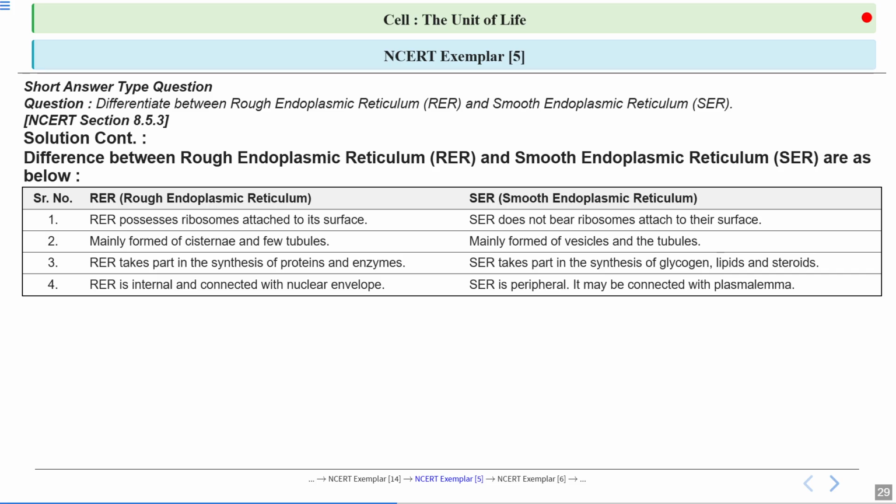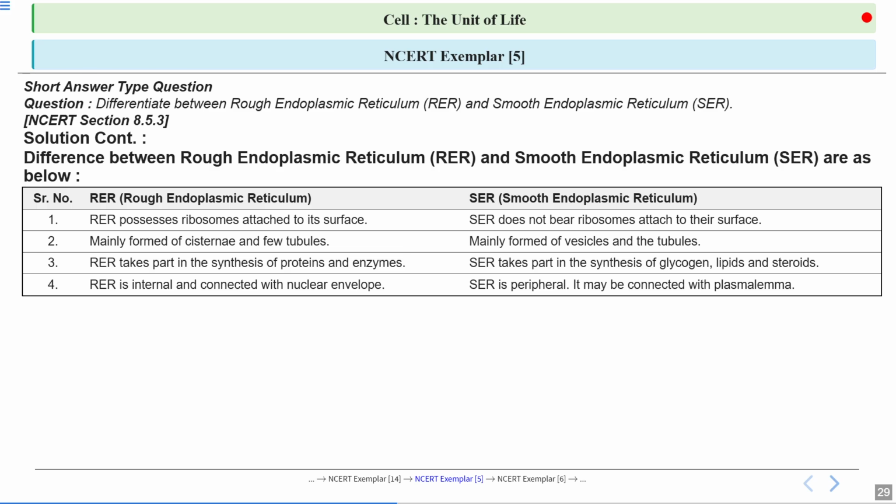Yes, RER is internal and connected with the nuclear envelope, and SER is peripheral. It is present outside, at the periphery, and it may be connected to the plasma lemma, or you can say the plasma membrane, right?